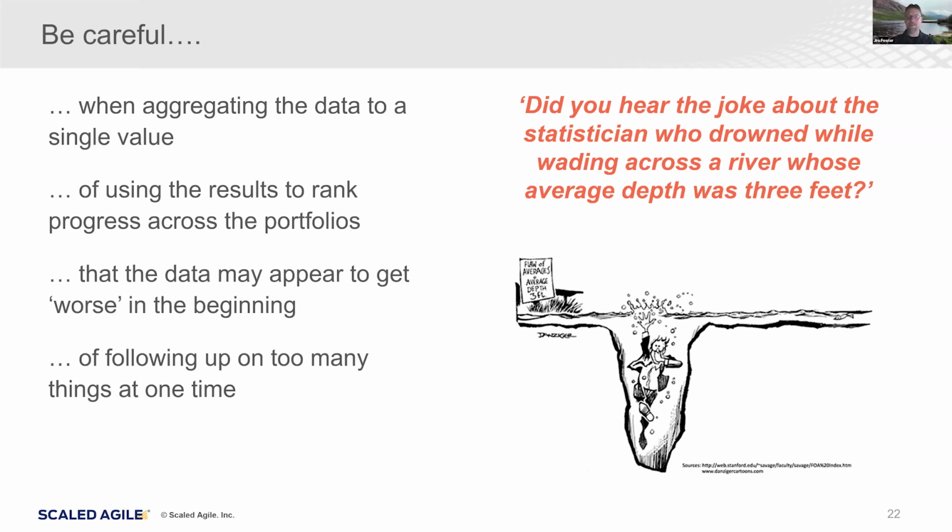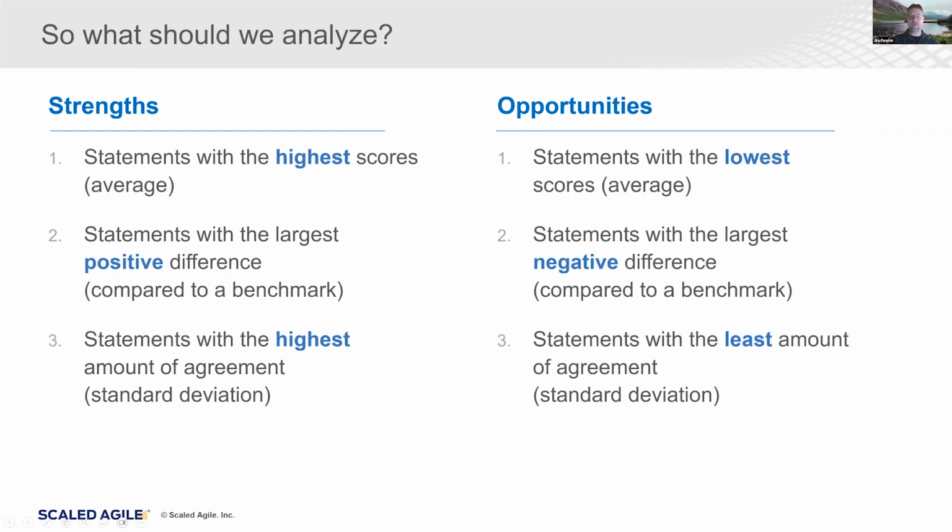So you can see here the joke on the screen about, did you hear the joke of this statistician who drowned while wading across the river with an average depth of 3 feet? Well, yeah, it was average because there were some really shallow areas, but then there was a really, really deep area. And we can end up with the same situation, especially if it happened to be an area where there was the least amount of agreement.